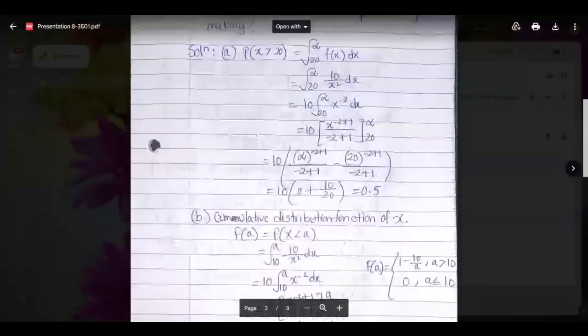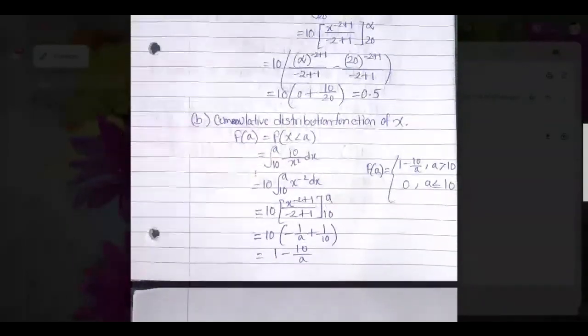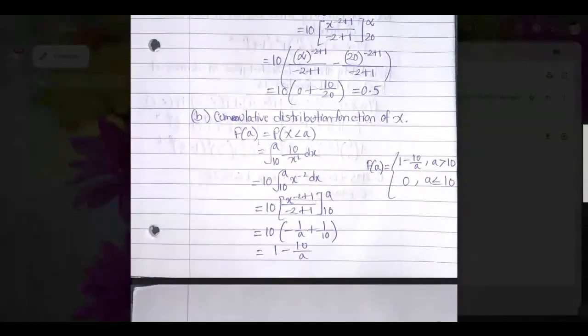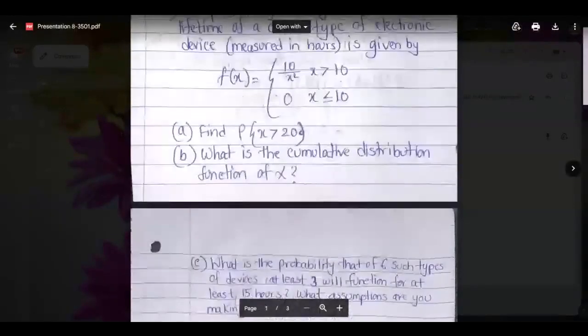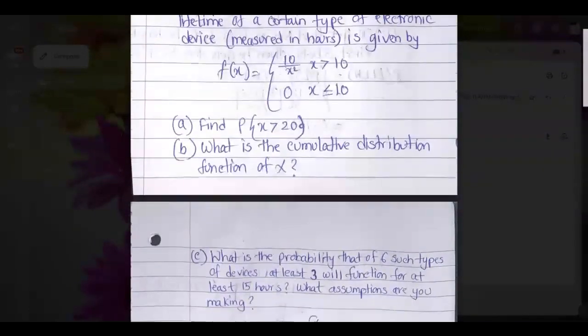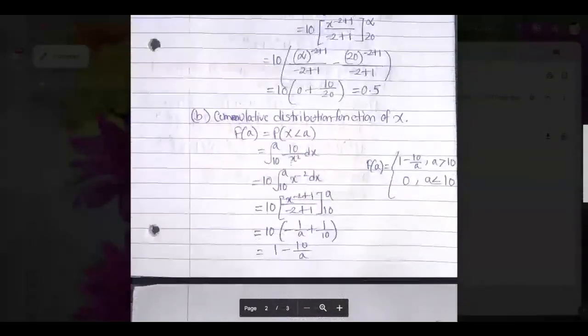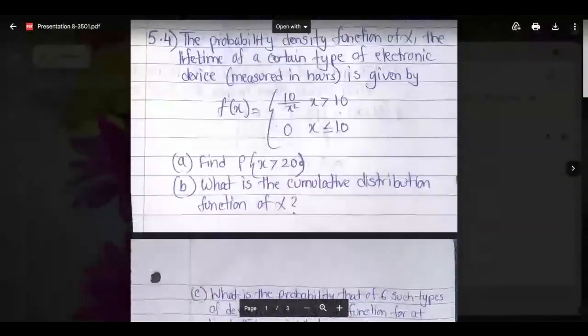And question B is the cumulative distribution function of x, which is F(a) equals the probability that x is smaller than a. So here the upper limit is a and the lower limit is 10, as given x is greater than 10.